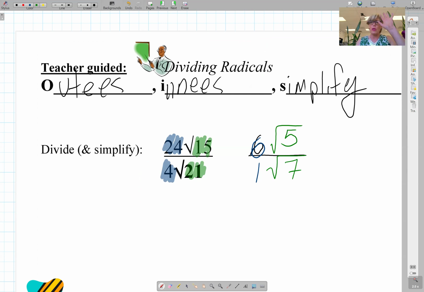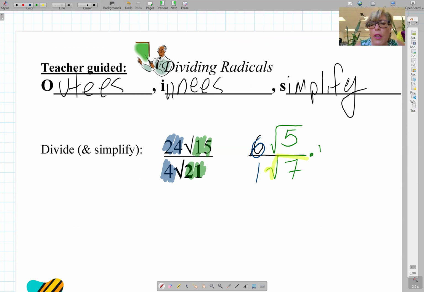Now, you simplify the outies, multiply, divide, simplify the innies. Now, simplify. When you simplify radicals with division, the main rule is you cannot leave a radical in the denominator of a fraction. And the way you get that out is you multiply top and bottom, numerator and denominator, by the exact same radical. Let me show you why.